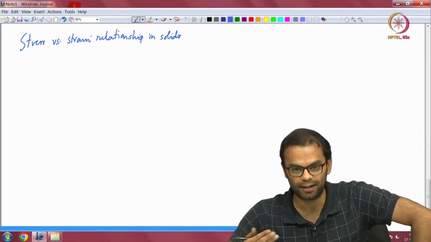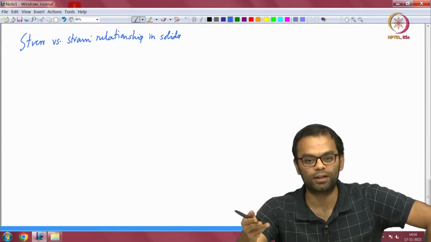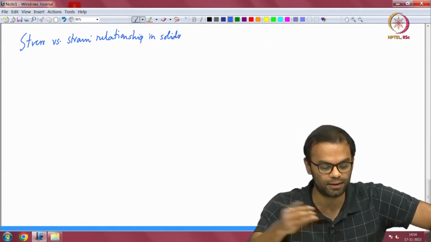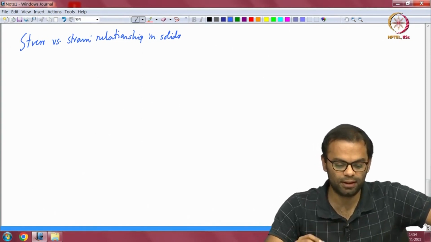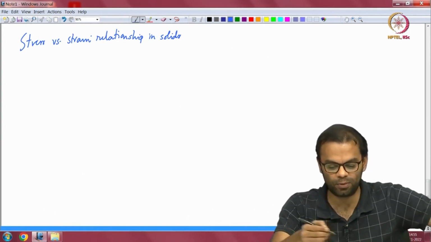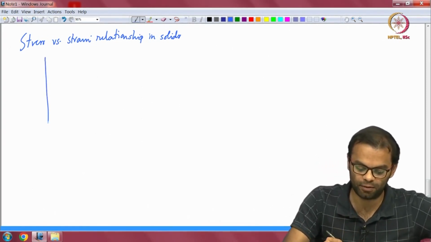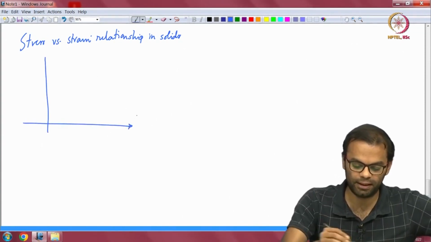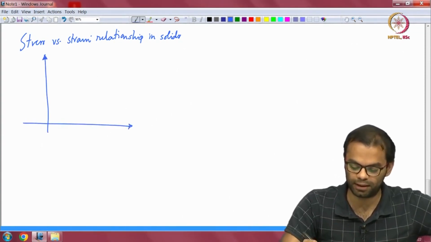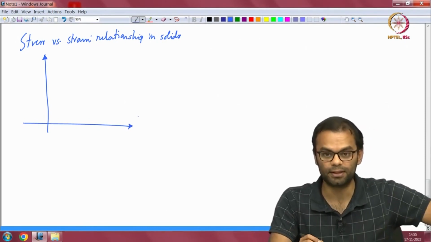So if you apply a stress, liquids will flow, so they will create a strain rate in response compared to solids. But let us take a look at a typical what is called a stress strain curve, right. Again this is something you have probably seen before, but just in the interest of completion I am going to put it out so that we know that everybody is on the same page.